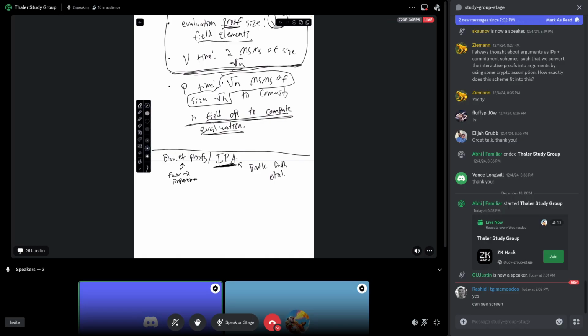IPA is used today quite commonly to indicate that the real qualitative breakthrough was in that earlier Bootle et al. paper. Bootle's also on the Bulletproofs paper. Bulletproofs is what people use today because it had this concrete improvement, and it also obviously has a great name.